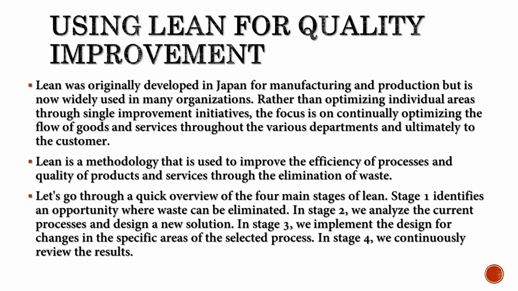So, using Lean for quality improvement. Lean was originally developed in Japan for manufacturing and production, but is now widely used in many organizations. Rather than optimizing individual areas through single improvement initiatives, the focus is on continually optimizing the flow of goods and services throughout the various departments and ultimately to the customer.